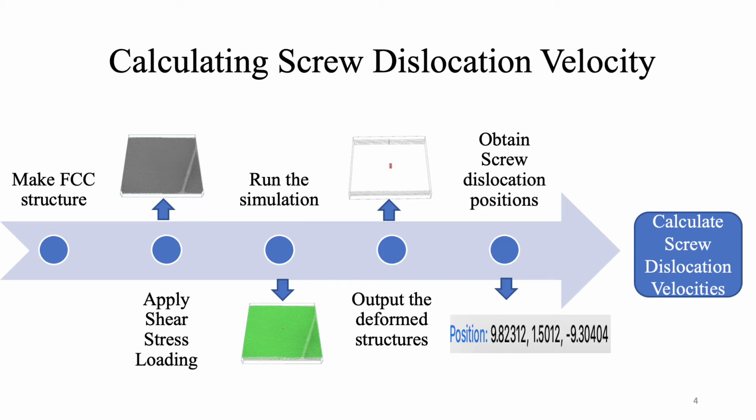In order to see the screw dislocation, the common neighbor analysis is done. Then, all FCC atoms are selected, then deleted. Last, the dislocation position in the X direction is found by opening every dump file and recording all the dislocation positions.